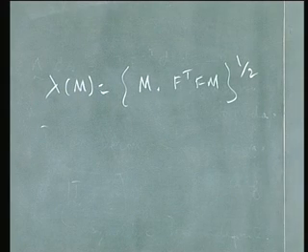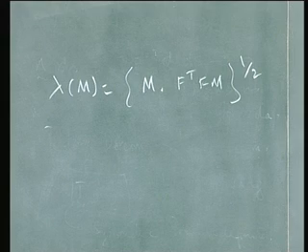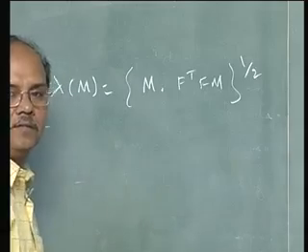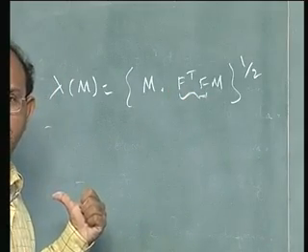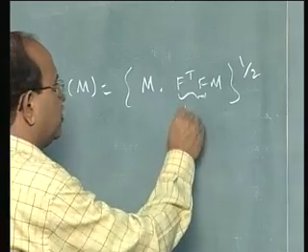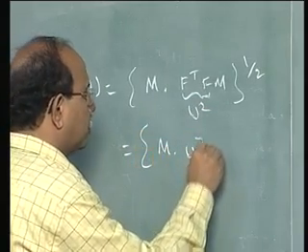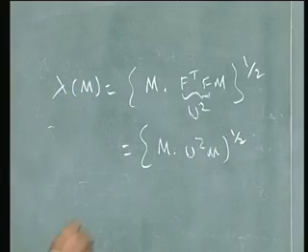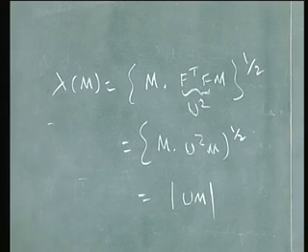This is how we wrote, right. This is the modulus of dx by dX. This is a dot product. So what is this from what we had defined now? U squared, very good. So this can be written as m dot U squared m, whole power half. And what is that? That is nothing but the magnitude of Um.